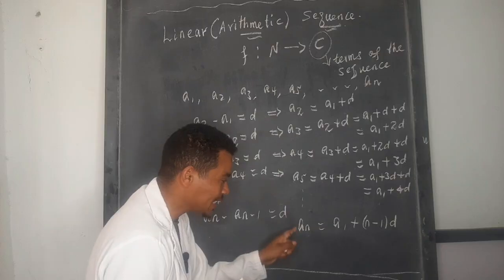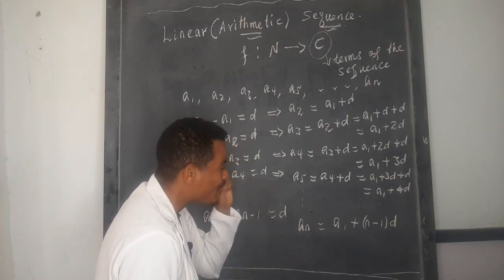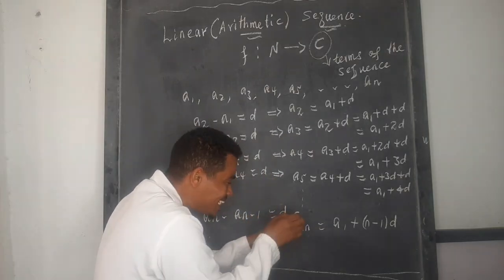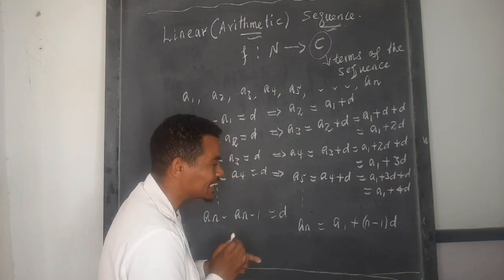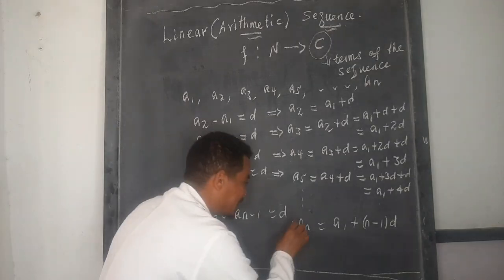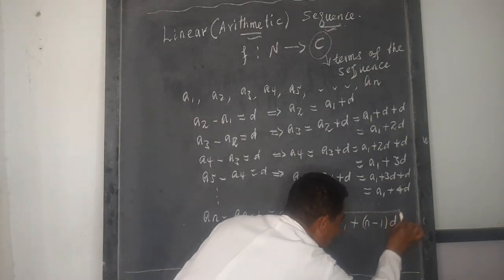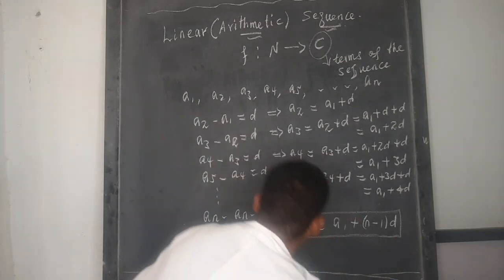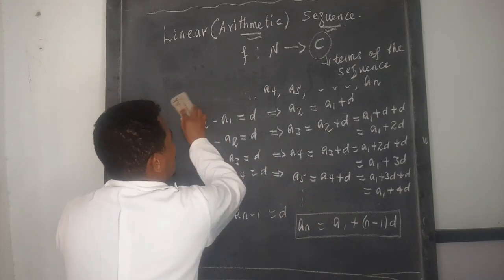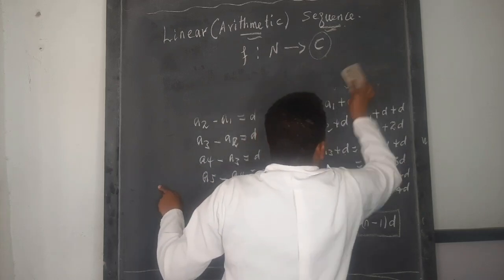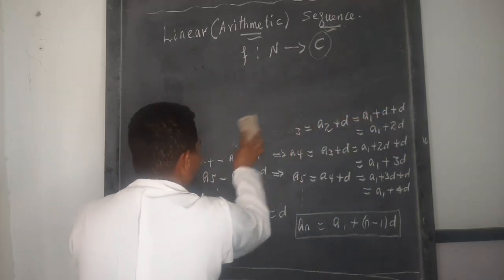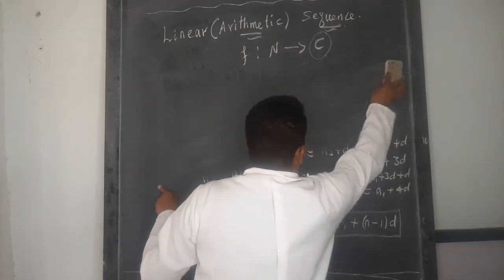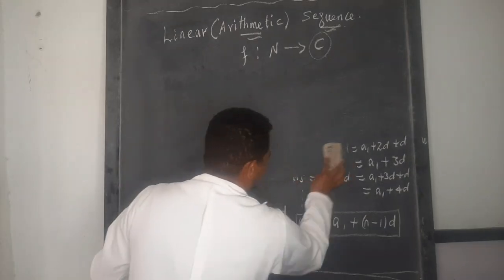This is the general formula for finding the nth term of the given arithmetic sequence. This is the first formula. Okay, let me add another way of finding the general formula for the nth term of an arithmetic sequence.